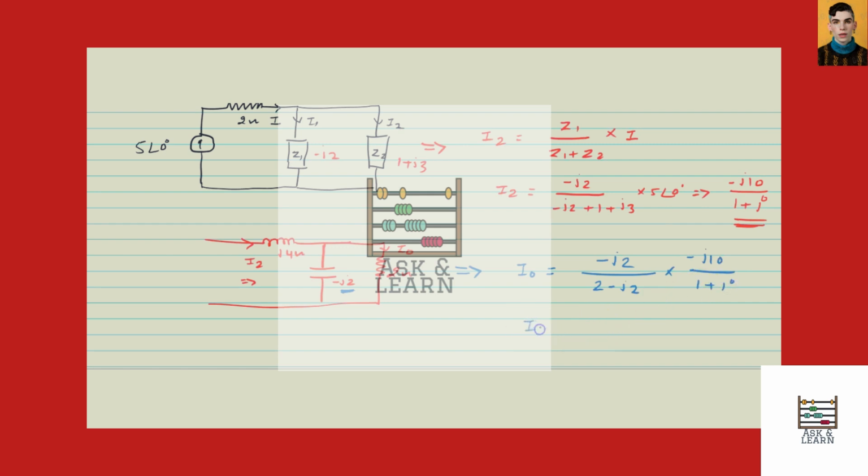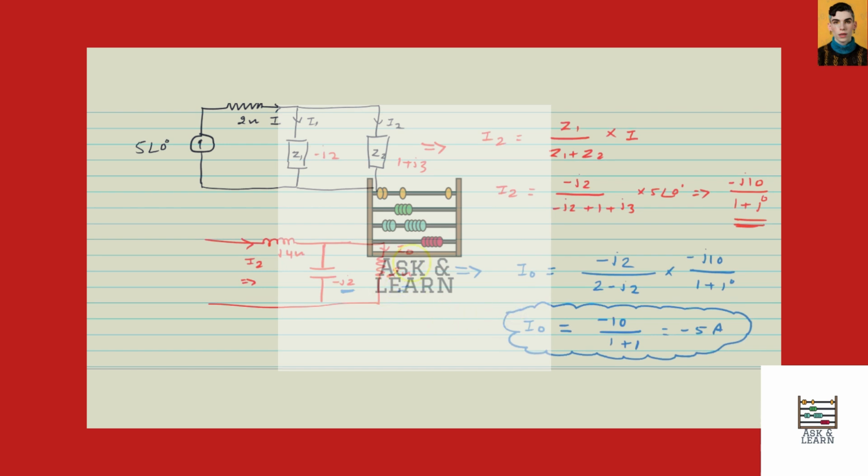Now by solving this equation, I0 will be minus 10 upon 1 plus 1, which is minus 5 ampere. This is the resultant current I0 across the 2 ohm resistor.